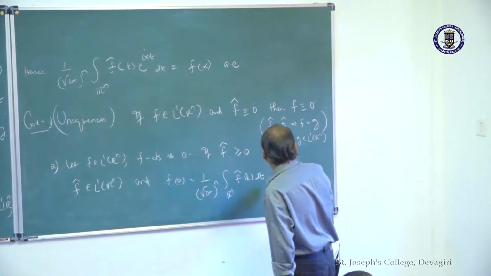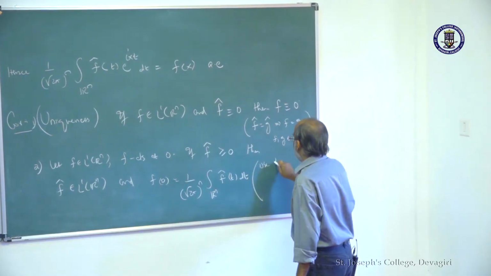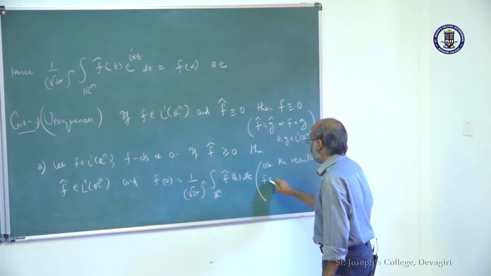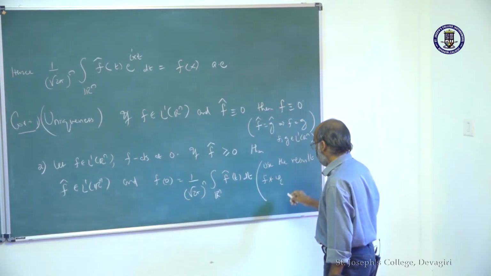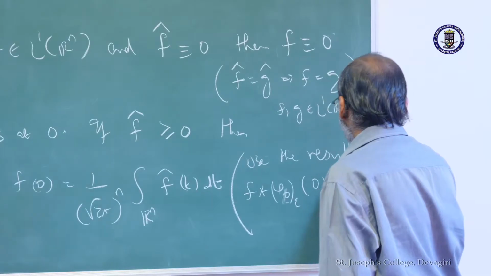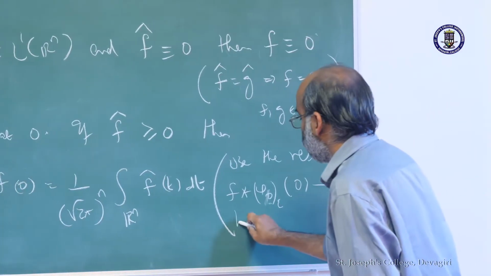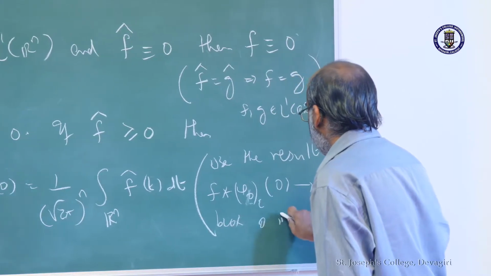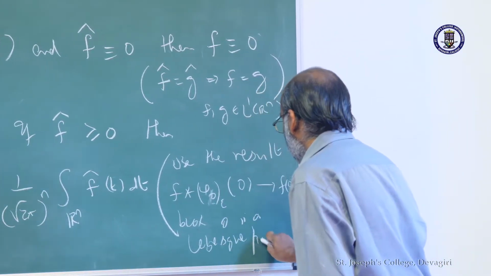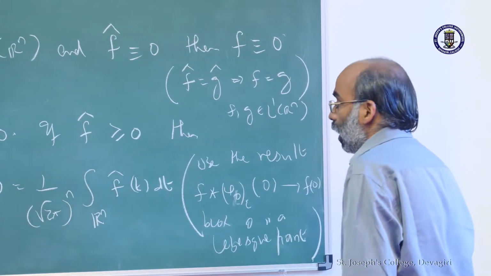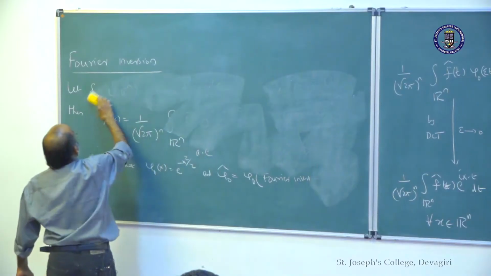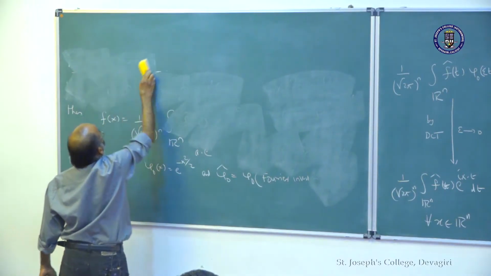So, use the result that f convolved with phi 0 epsilon at 0 converges to f0 because 0 is a Lebesgue point, along with the fact that the Fourier transform is positive. Okay, so what we have just done is the Fourier inversion.